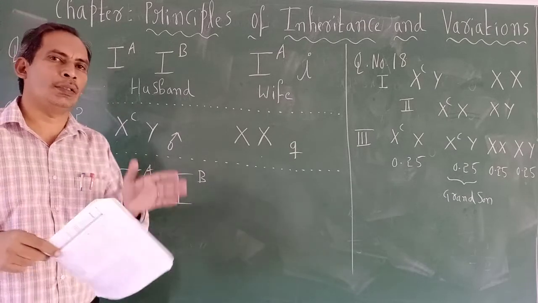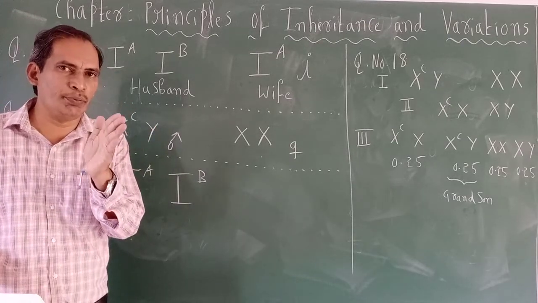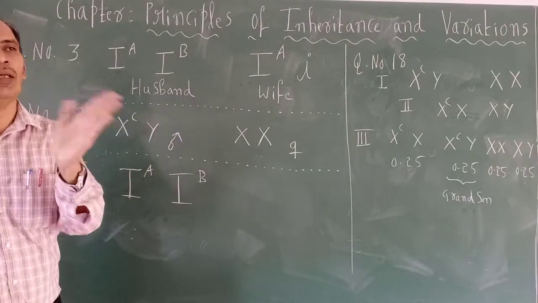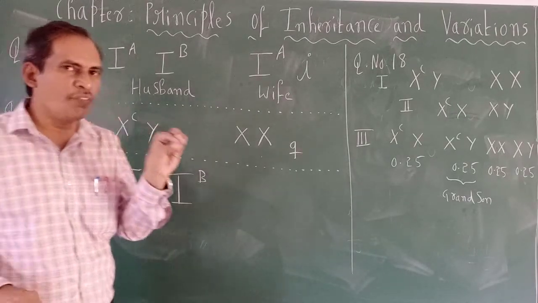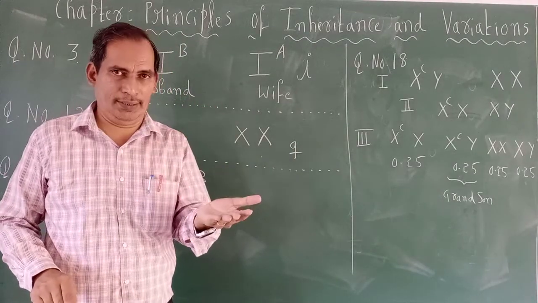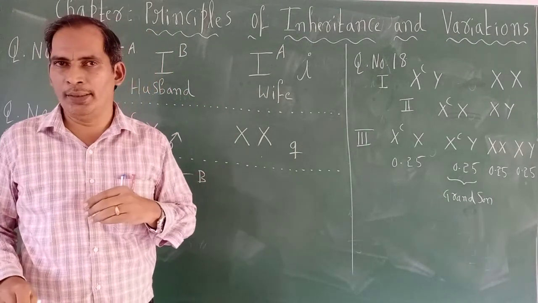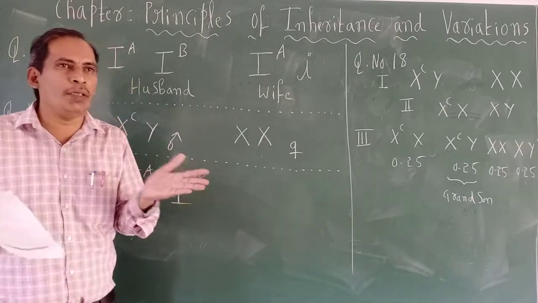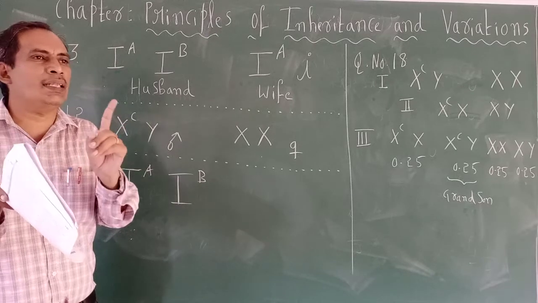So there is a sharp difference between pleiotropy and polygenic inheritance. Both are opposite. In pleiotropy, one gene controls many characters. Example, phenylketonuria. What is polygenic inheritance? In polygenic inheritance, there are many genes, but all the genes are controlling the same character.